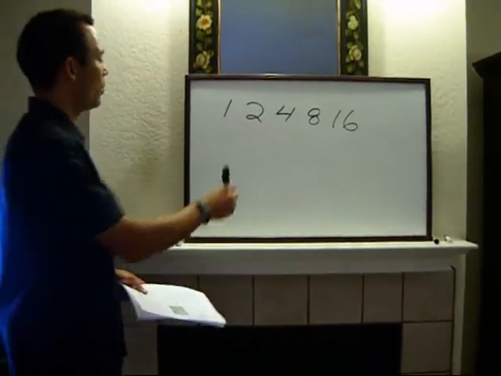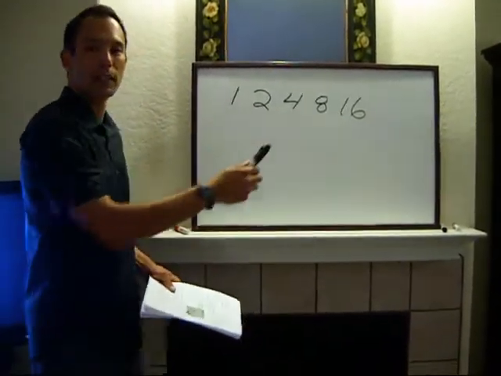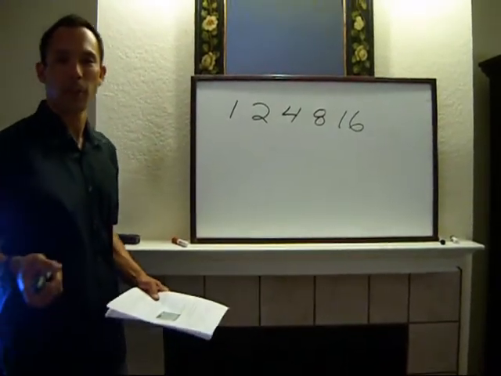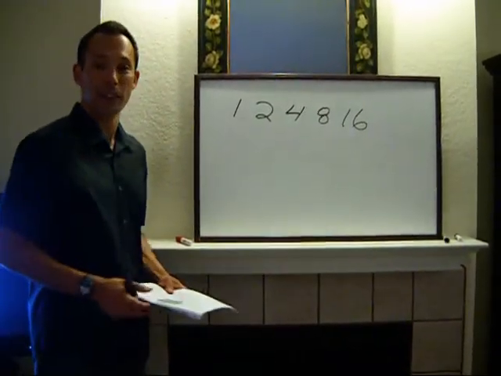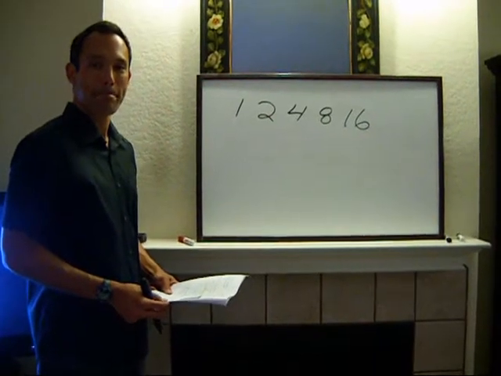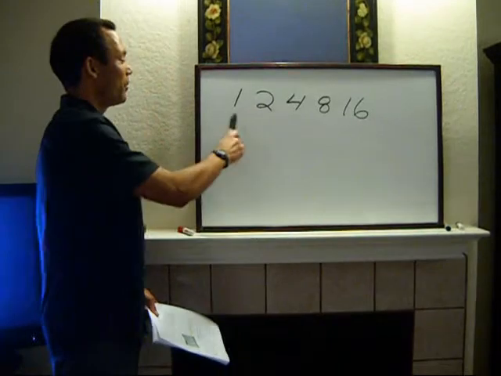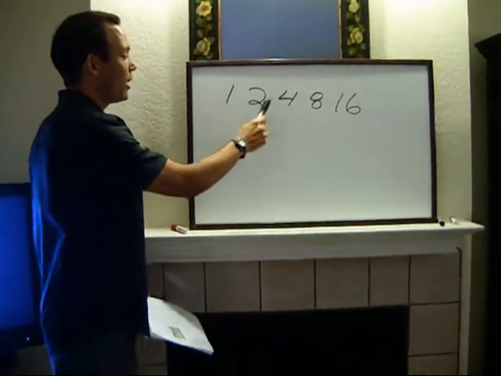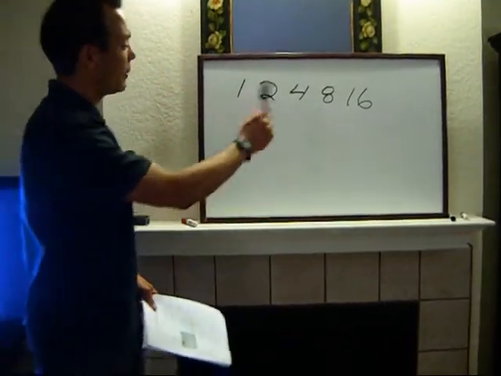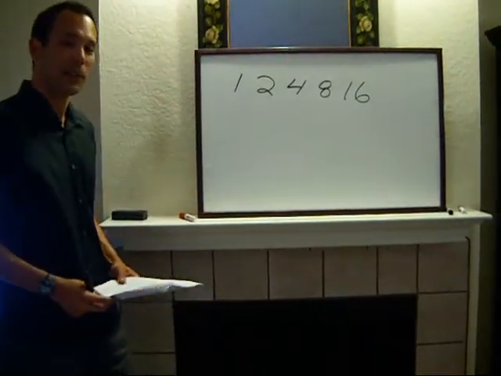The multiplier is what you multiply each number by to get the next number. So can anybody tell me what the multiplier is in this sequence here? 2? Yes, exactly right. The multiplier will be 2 because 1 times 2 is 2, 2 times 2 is 4, 4 times 2 is 8, 8 times 2 is 16.